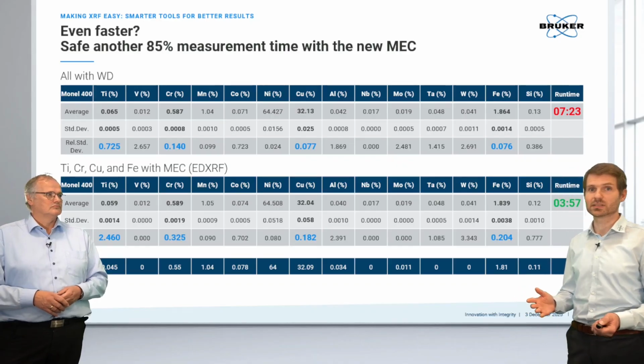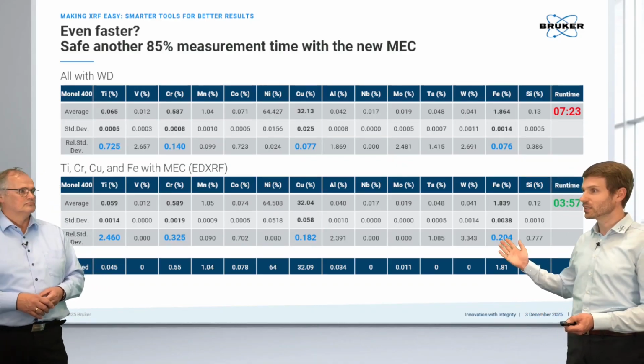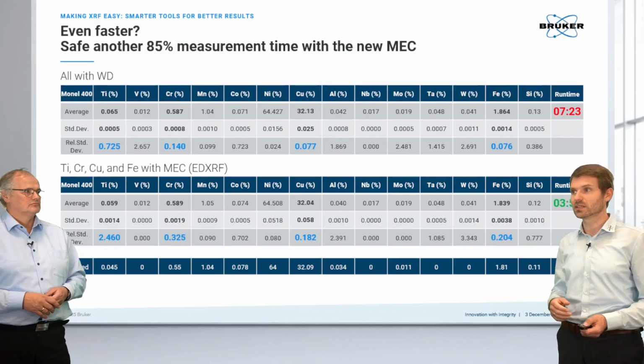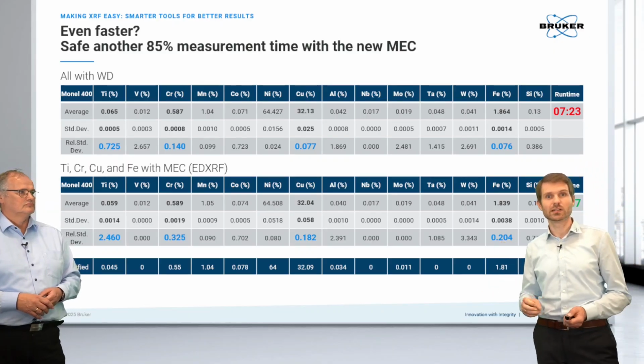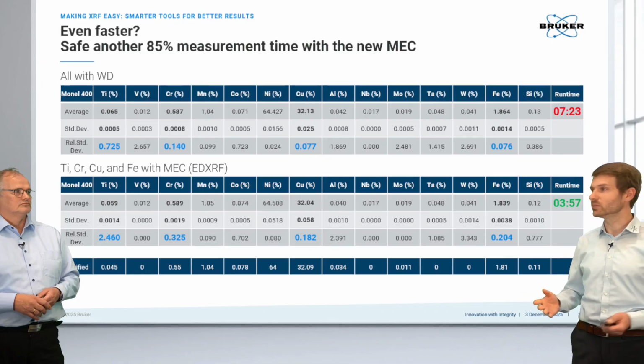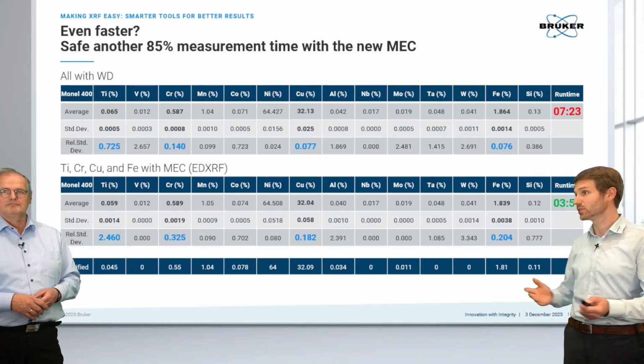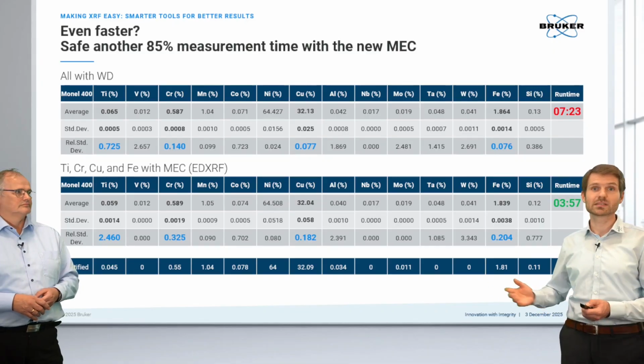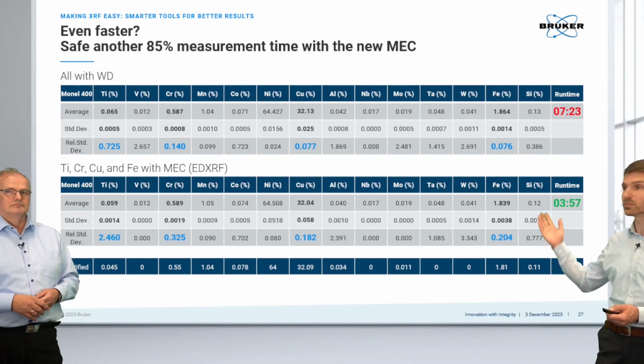And so this helps us reducing the time substantially. In this example here, as you can see, highlighted in blue, we just moved 4 elements to the energy dispersive channel. Of course, you can also move more or less, and then you will end up somewhere in between.